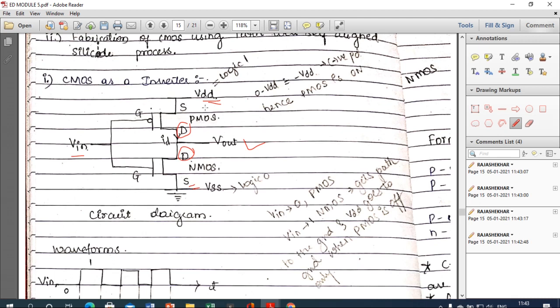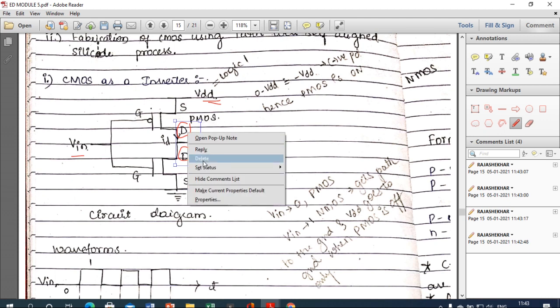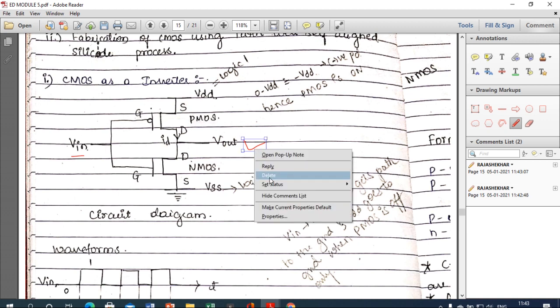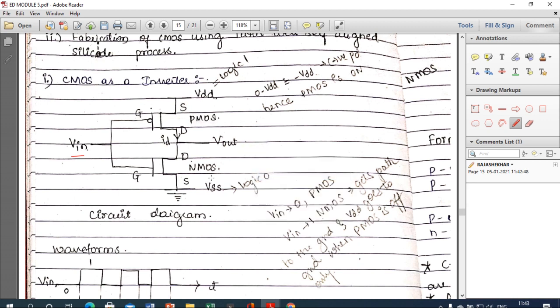Now how does it work? When I give the input voltage, what happens to the output and which MOS transistor will be on? If the input voltage Vin is 0, both the gate terminals of PMOS and NMOS will get 0.